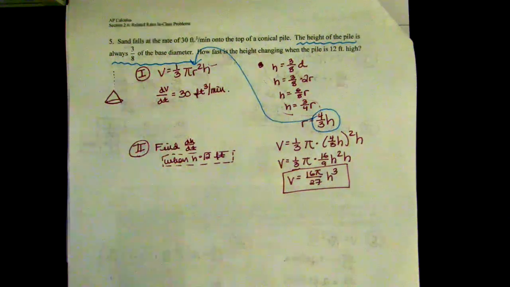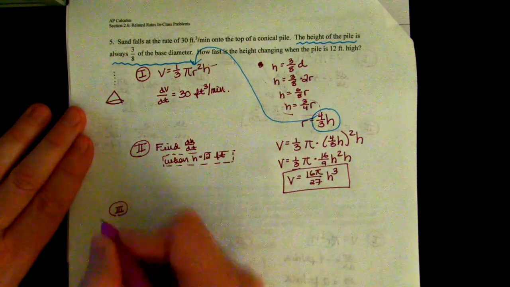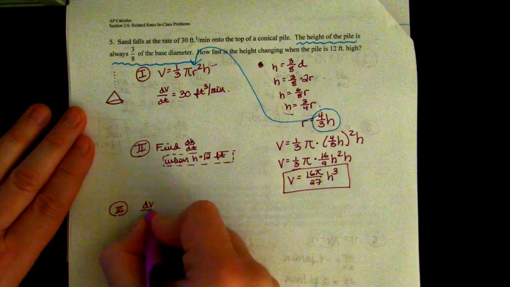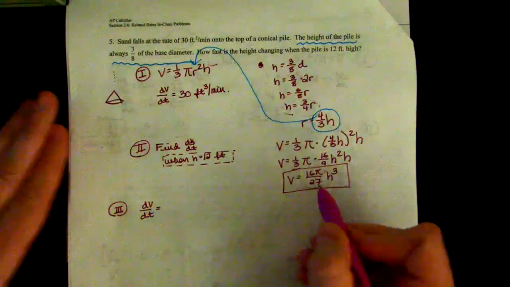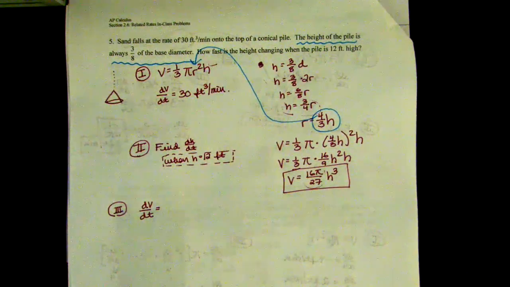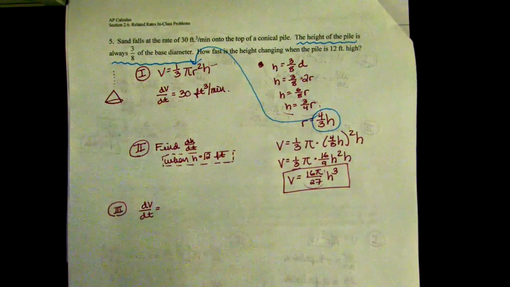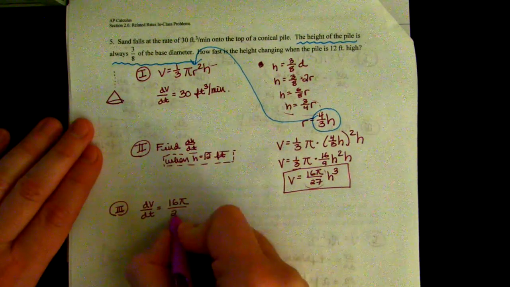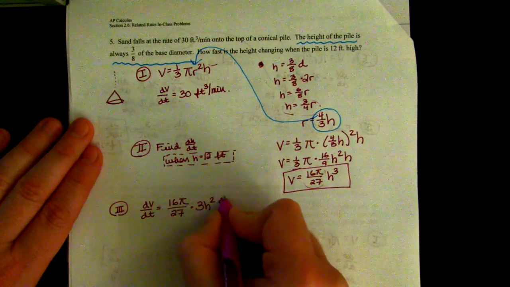Well, let's go. Part 3, I'd like you to go create the formula for dV dt. Take a moment, do it, realizing that this is just a constant out front, so this shouldn't be horrible. Go create your formula. So I'm leaving that constant out front, 16 pi over 27. Derivative of h cubed is 3h squared dh dt.